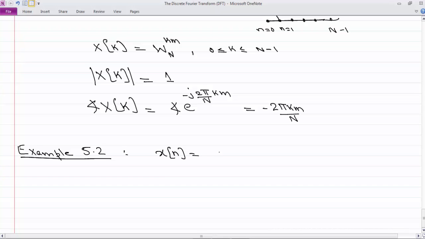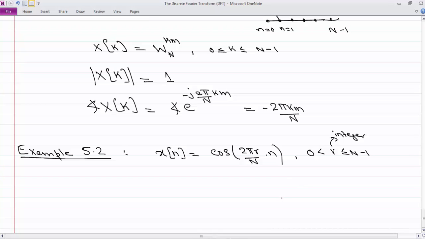Now this is x of n equals cosine of 2 pi r over N times little n, where r is an integer between 0 and N minus 1. And you are asked to compute its DFT.